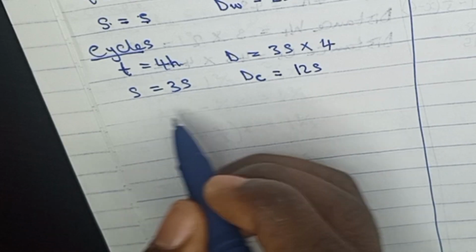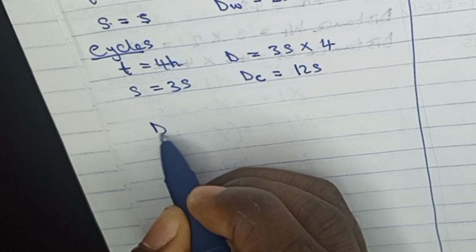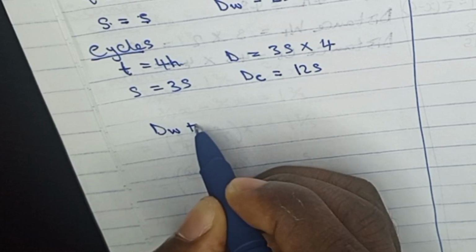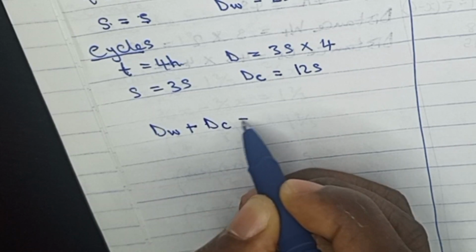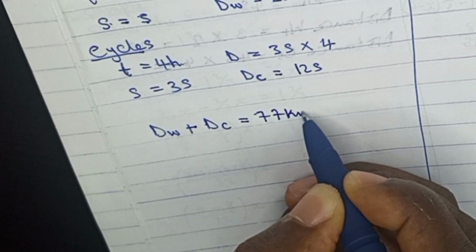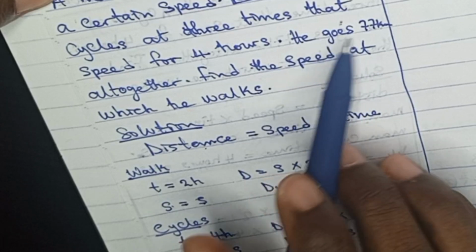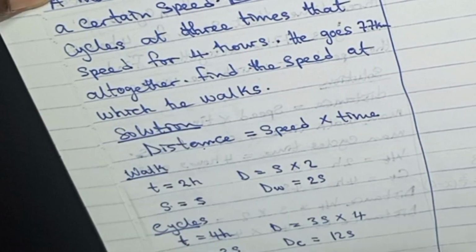So let's write that out. dw plus dc is equal to 77 kilometers from our question.